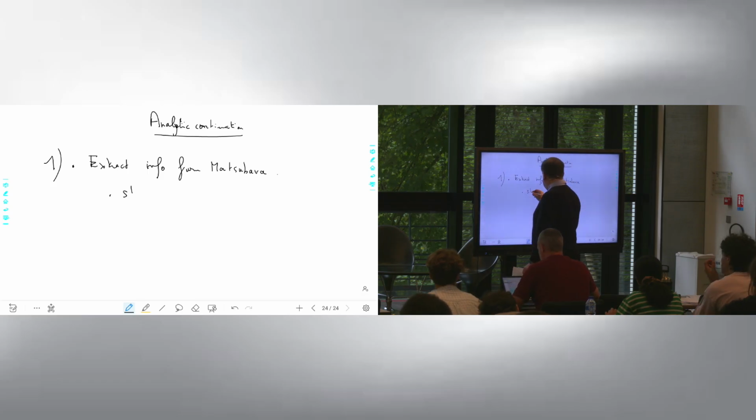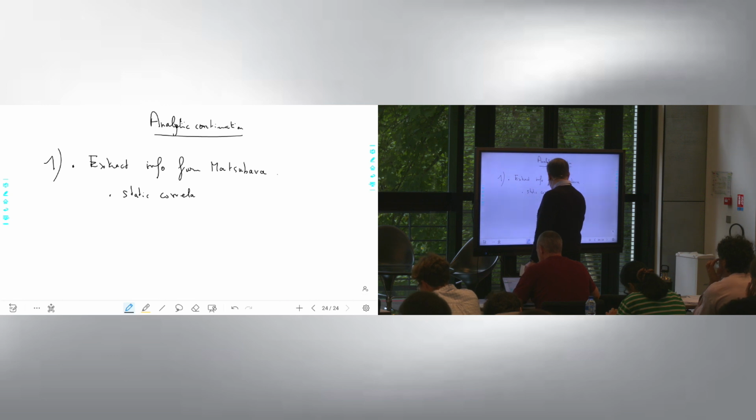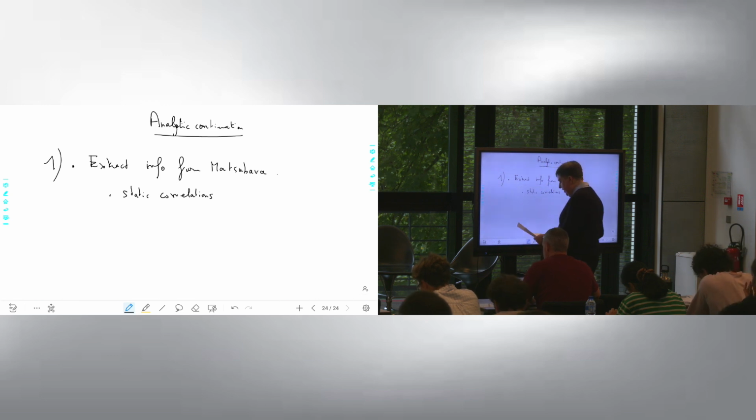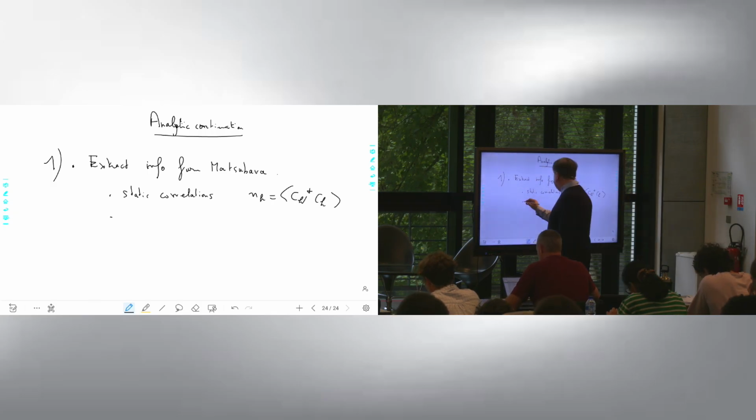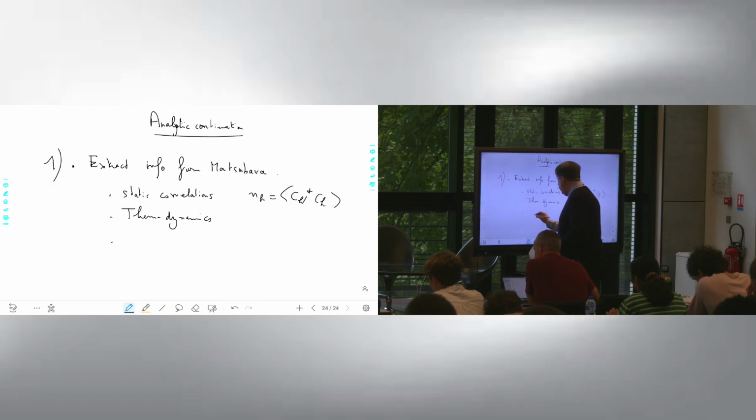All the static correlators. These static correlations, for example, n_k, c dagger k c_k, the number of particles, the thermodynamics, the low energy behavior.